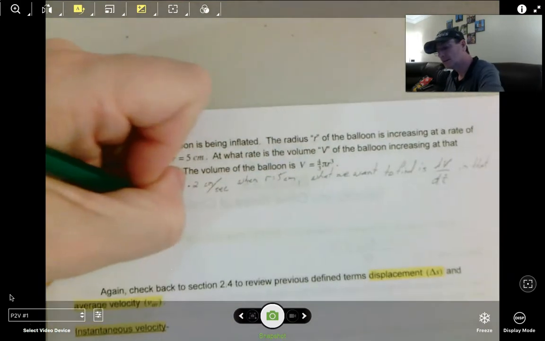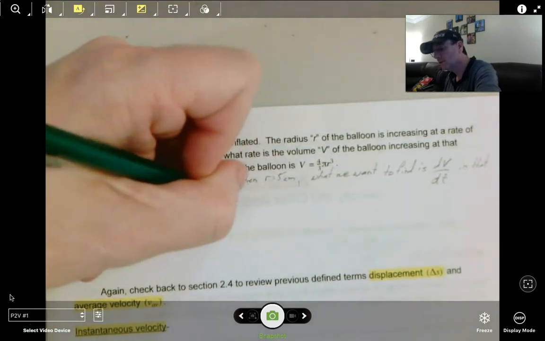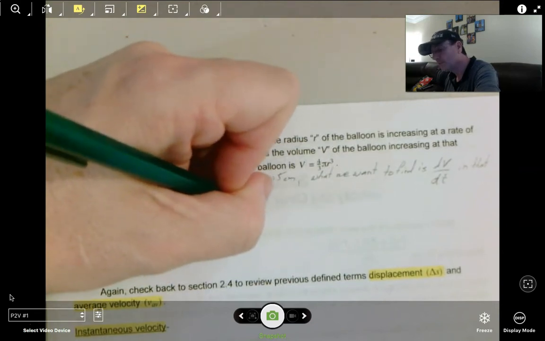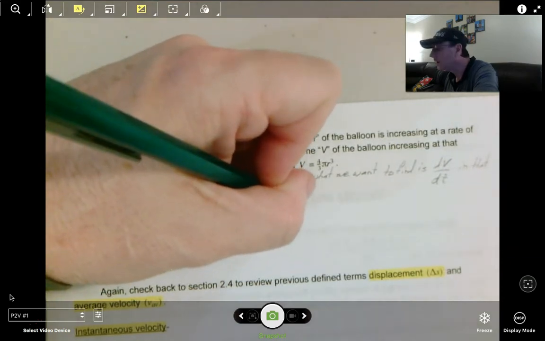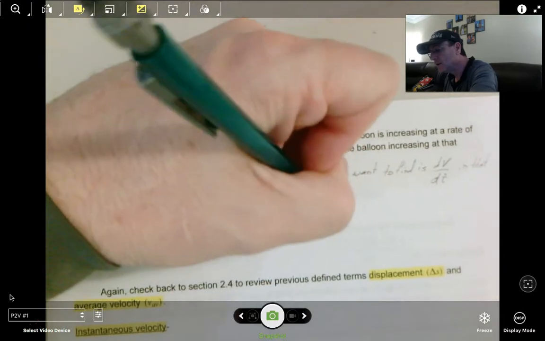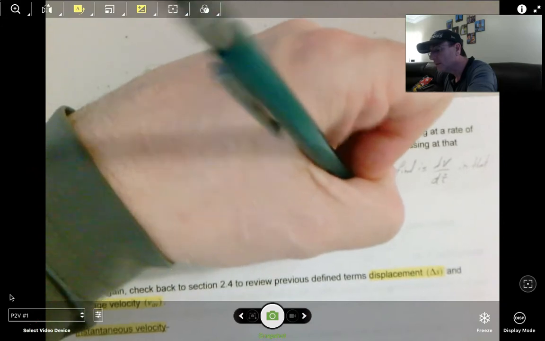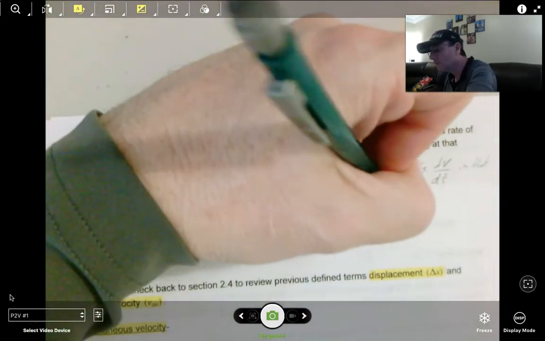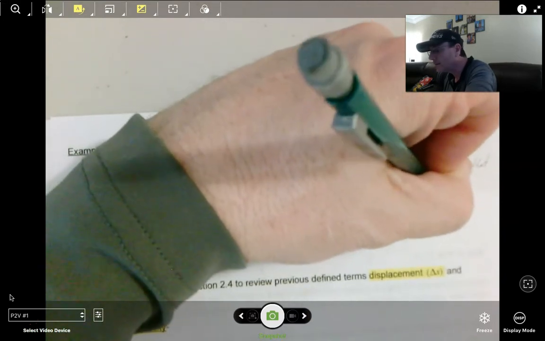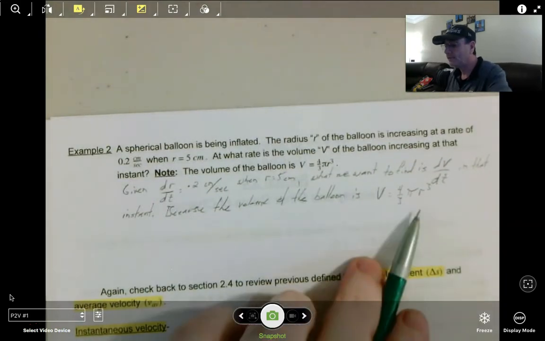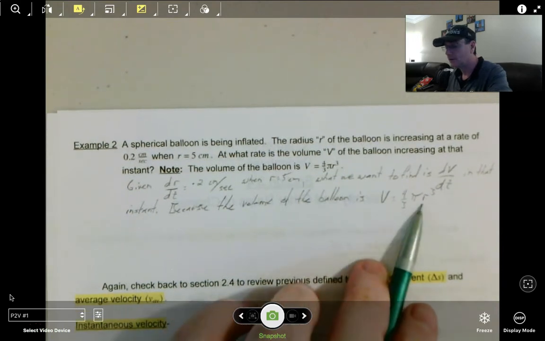Because the volume of the balloon is V equals 4/3 pi r cubed, we can find dV/dr, because r is the only variable in here.